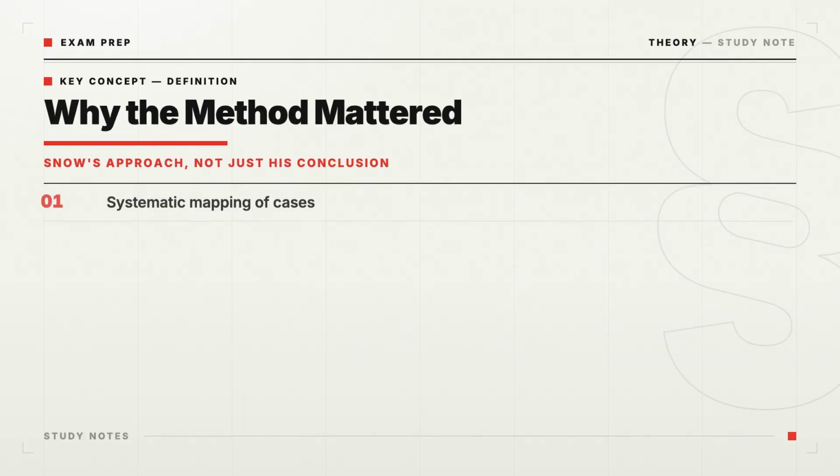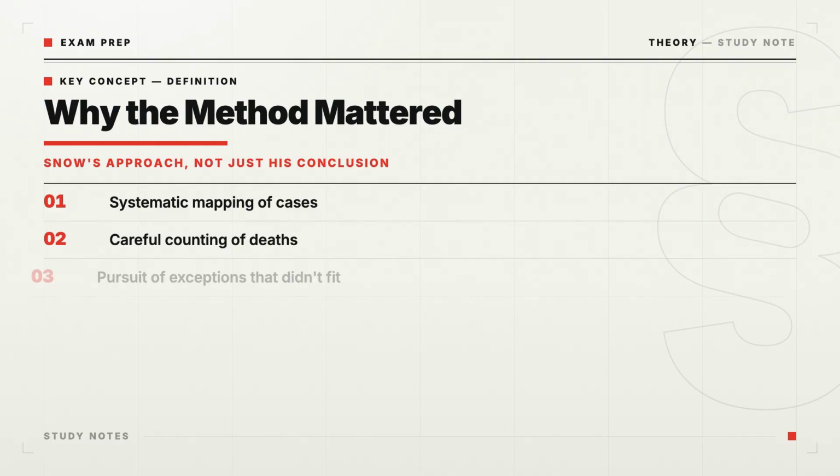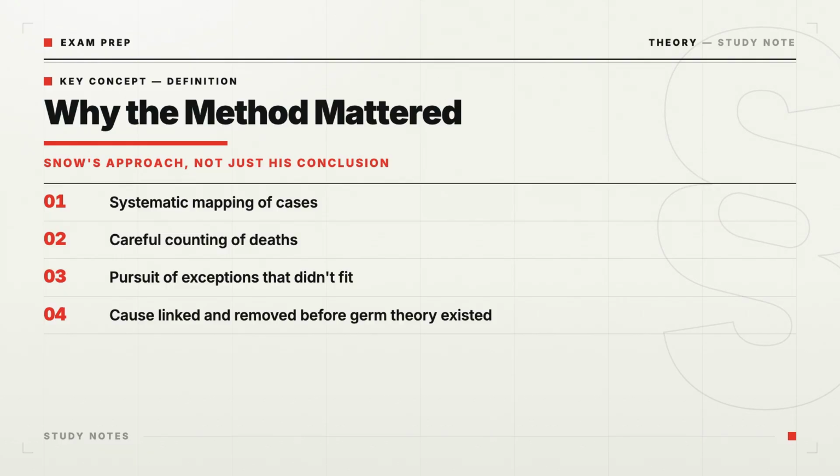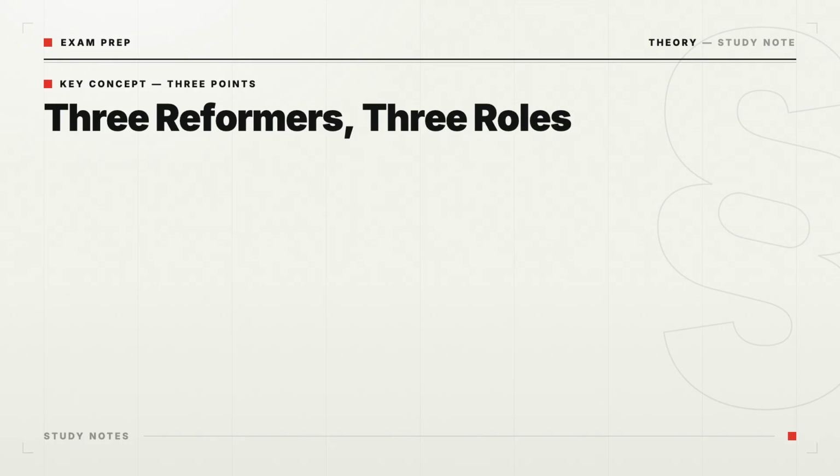What makes Snow foundational isn't the answer he found, but how he found it: systematic mapping, careful counting, and chasing the exceptions that didn't fit his hypothesis. He showed that a disease could be traced to an environmental cause and stopped by removing it, without ever knowing the biological mechanism. Snow was part of a broader movement.